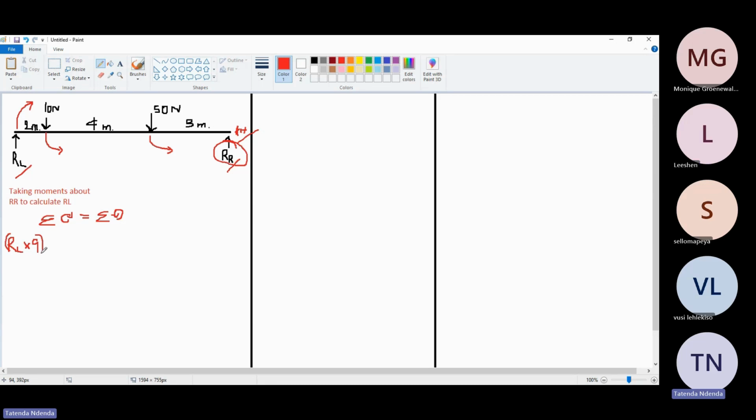No, we don't. So it's equivalent to the anti-clockwise moments. We can start from 50, because you can see that 50 is already moving in that direction. So this is going to be 50 multiplied by what? 5 meters, okay?